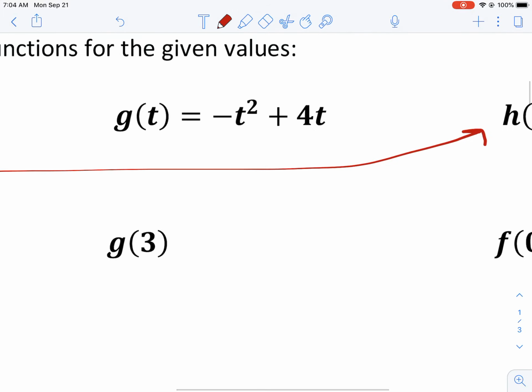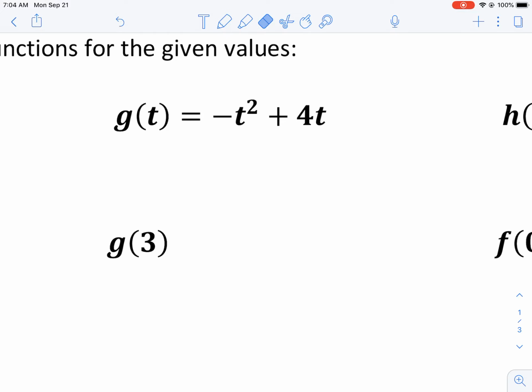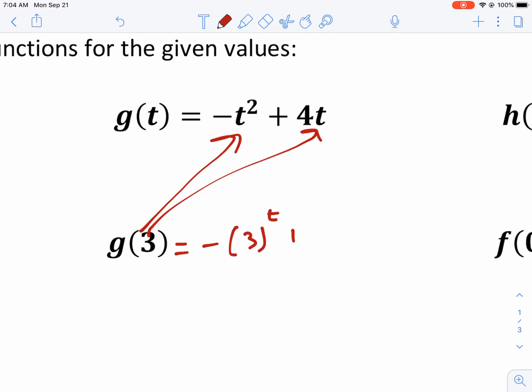So here we have g of 3, so that's going to be plugging into that t there and that t there. So we've got 2 t's in our equation. That's okay. We're just going to plug in our 3 twice. So we've got -3 squared plus 4 times 3. So like I said, this is just order of operations.